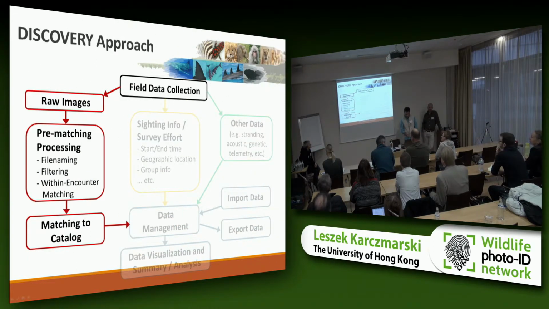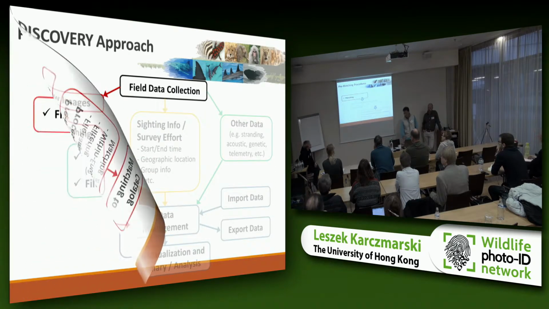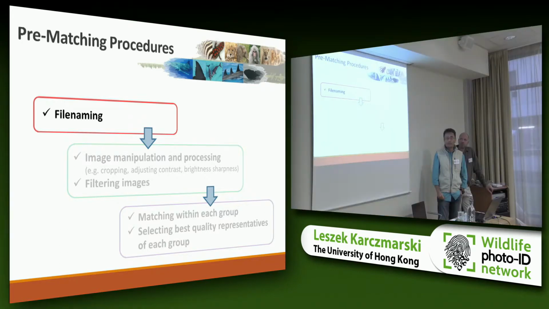So going on with this flow chart, all these pre-matching and matching procedures. First you start with file naming. As was mentioned yesterday, and with all we know, file naming is pretty critical. You can have all this important information there. This process is automated in Discovery.